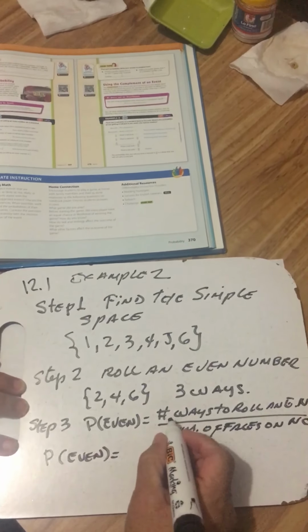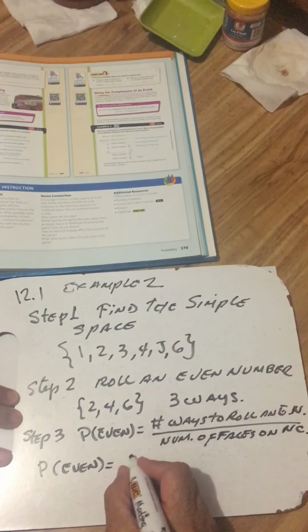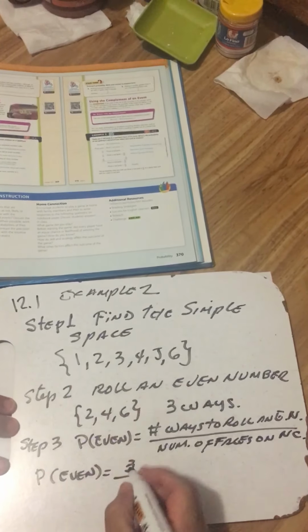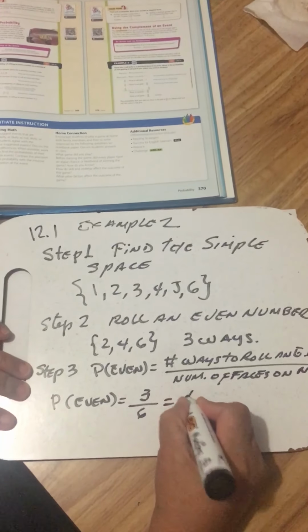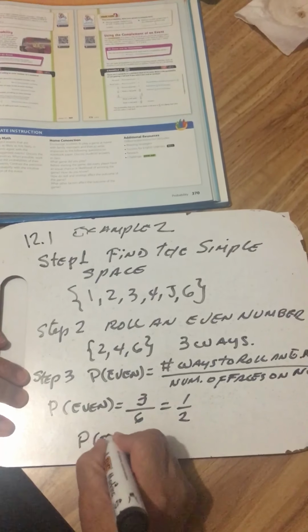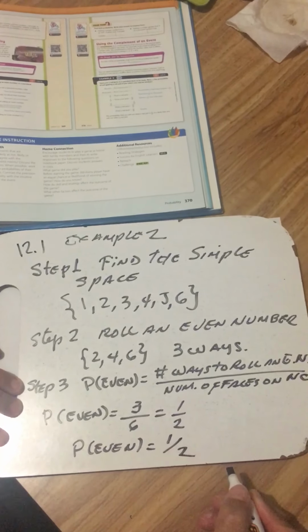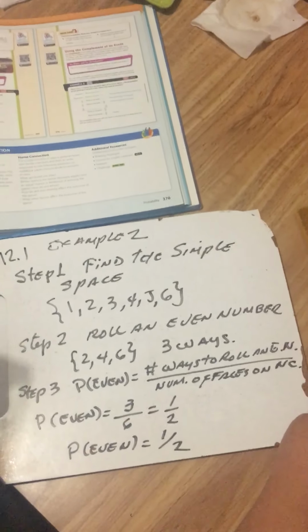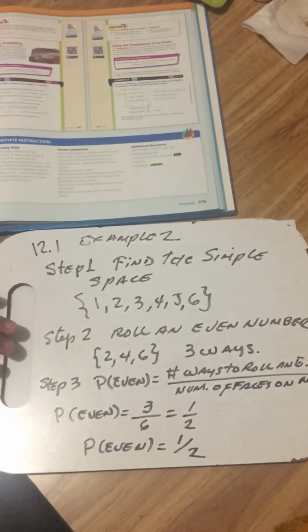The number of ways to roll an even number is 3, and the total number of faces is 6. Then we simplify and obtain 1/2. Then the probability of even is 1/2. Now you can answer page 370, Your Turn.